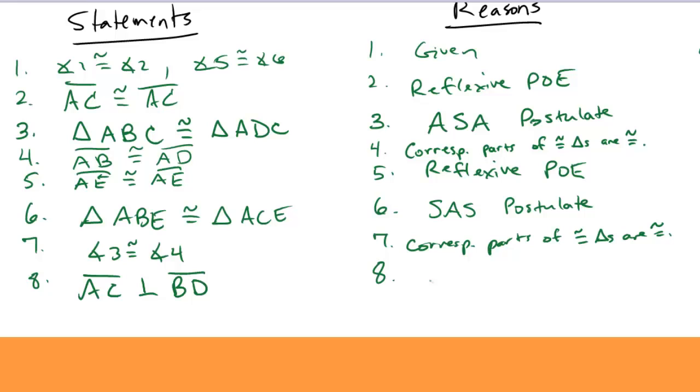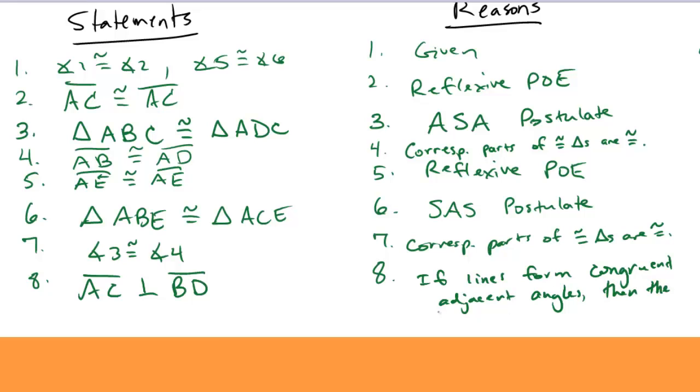I had a theorem that said if lines form congruent adjacent angles, then those lines are perpendicular. So what I've shown here is that angle 3 and angle 4, which are adjacent, are congruent, and the lines that make them must be perpendicular according to that theorem. So my reason is going to be that theorem. If lines form congruent adjacent angles, then the lines are perpendicular.